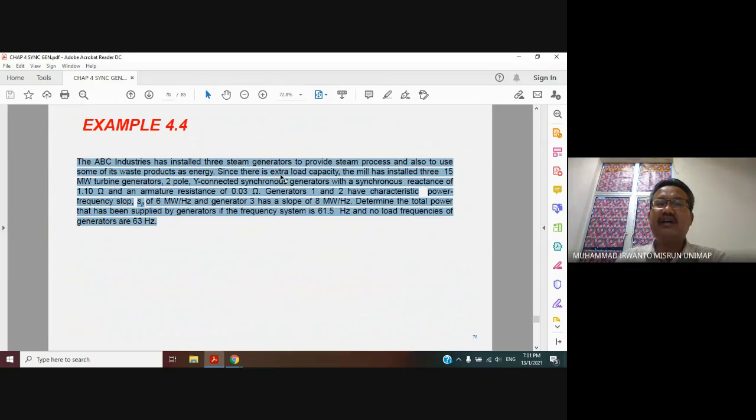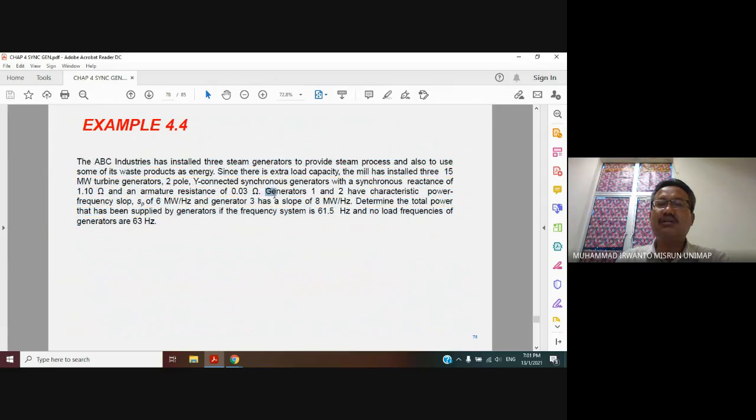Since there is extra load capacity, the mill has installed 3 15 megawatt turbine generators, meaning 15 multiplied by 3 is around 45 megawatt. Four-pole, Y connected synchronous generators with a synchronous reactance of 1.1 ohms and armature resistance of 0.03 ohm.